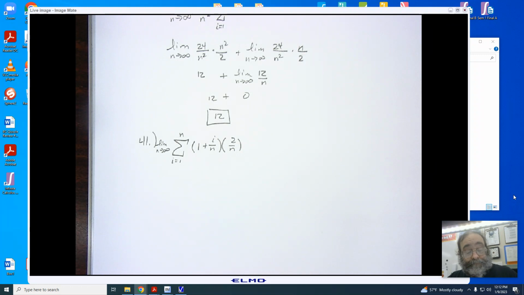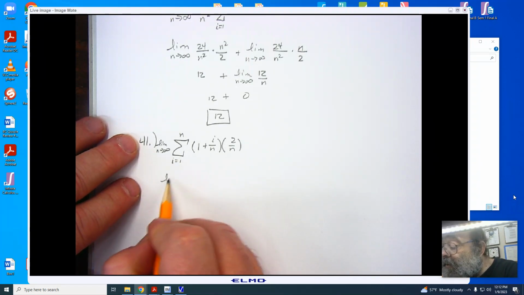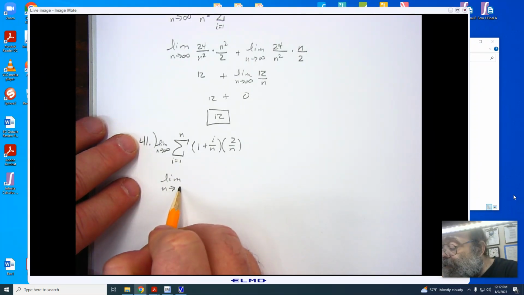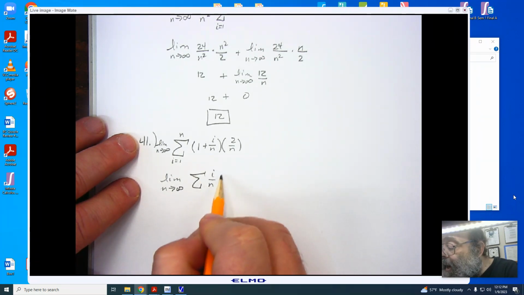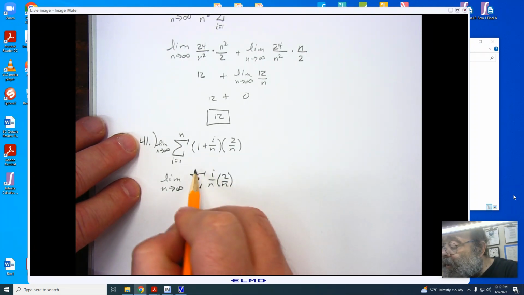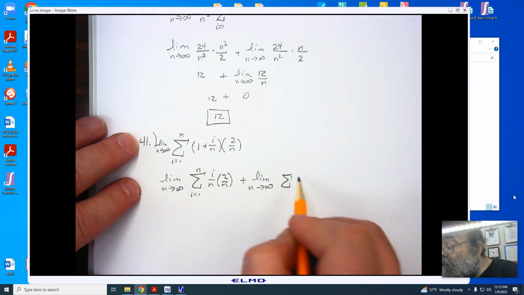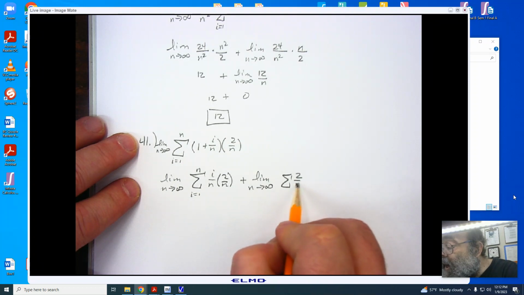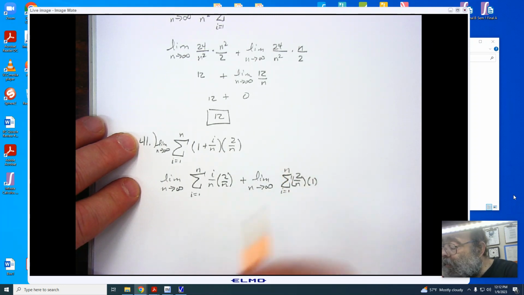Now, I'm going to go ahead and work with this one piece at a time. After all, I can look at this as the limit as n approaches infinity for the summation of i over n times 2 over n, i going from 1 to n, plus the limit as n approaches infinity for the summation of 2 over n times 1, and i goes from 1 to n.